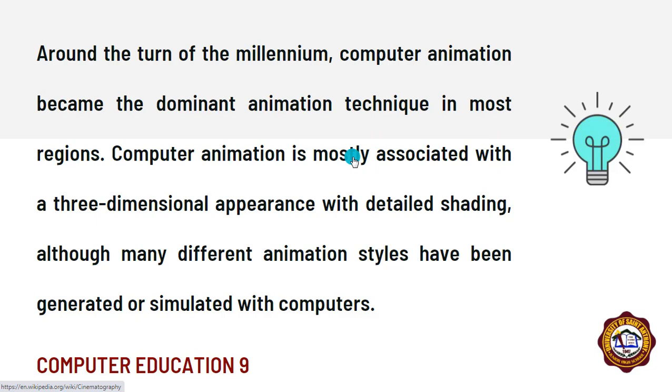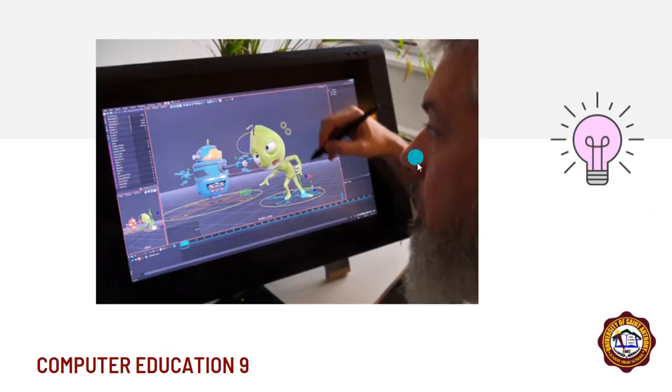In most regions, computer animation is mostly associated with a three-dimensional appearance with detailed shading, although many different animation styles have been generated or simulated with computers. So, ito yung itsura, no? Ito yung itsura ng mga animators sa panahon natin in the 20th century.